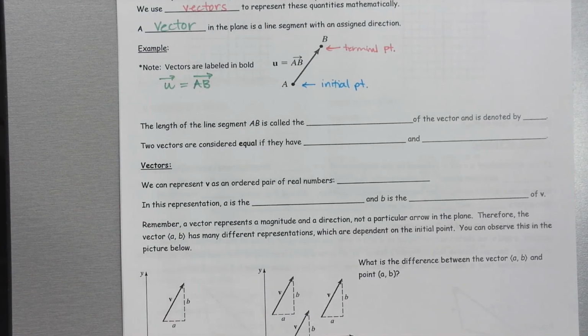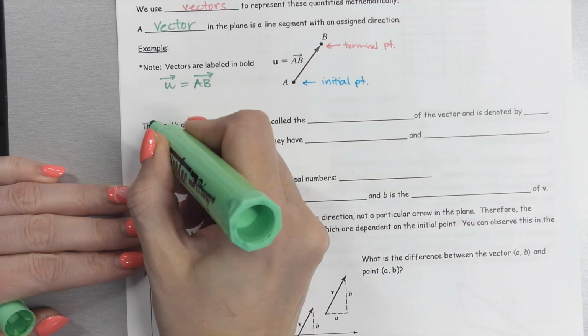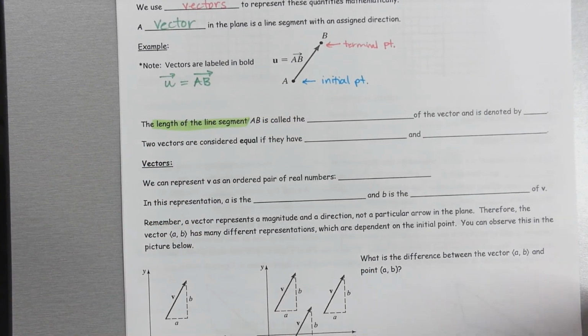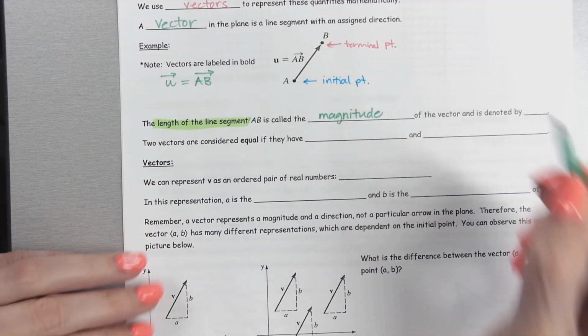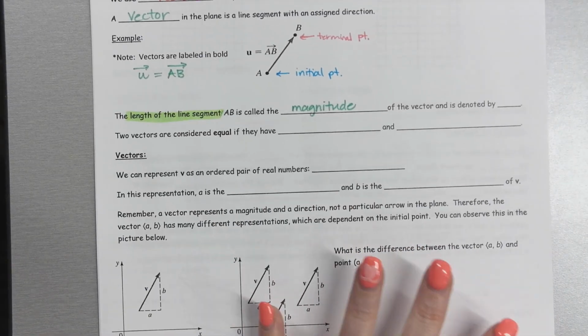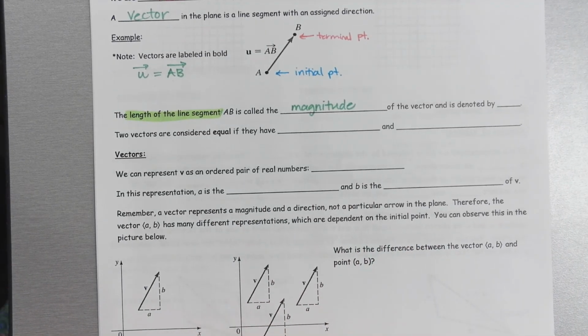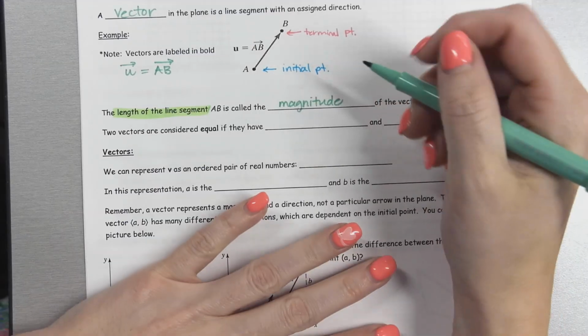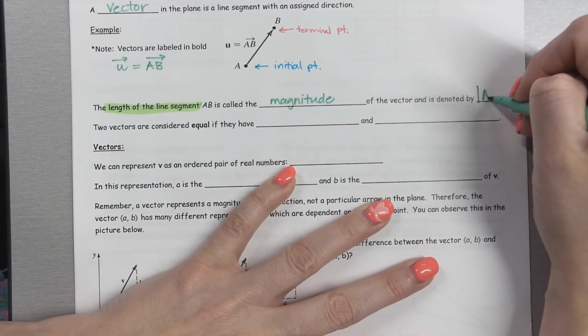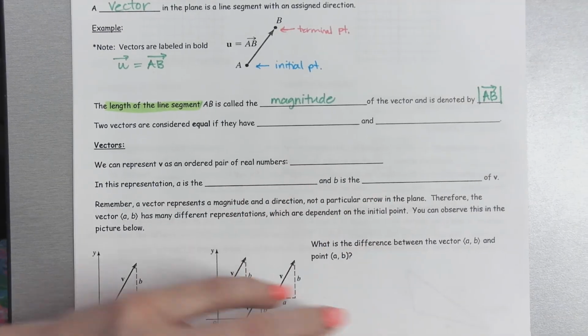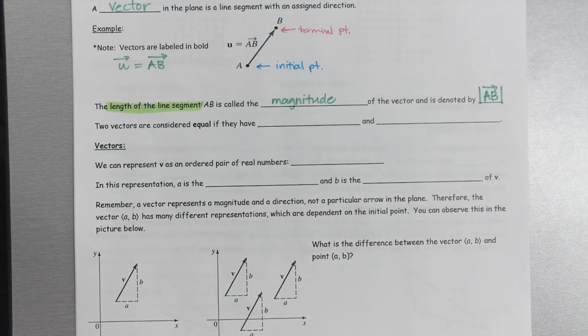So we mentioned magnitude, and the length of the line segment is called the magnitude. And the way that we show that is the absolute value symbol.